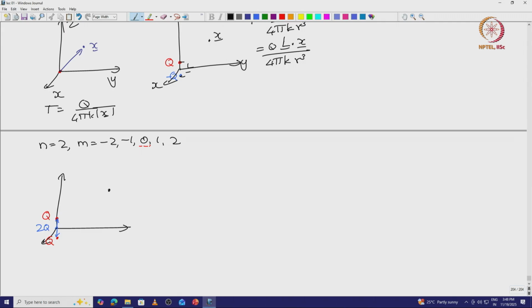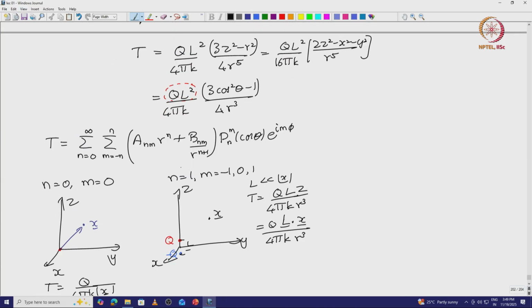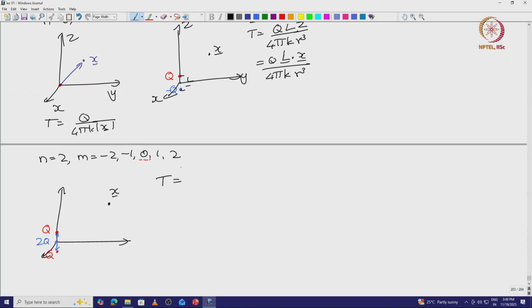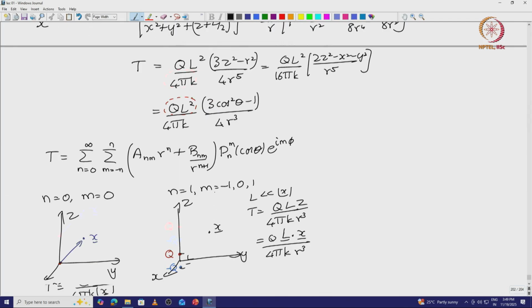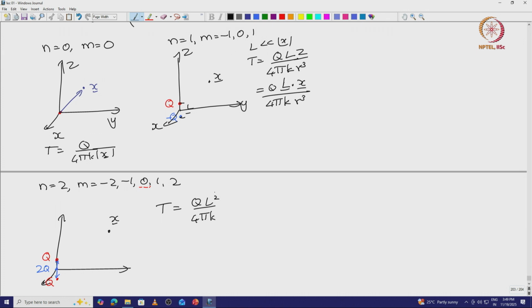If you look at an observation point x, we had got the solution for that. The temperature field is equal to q L square by 4 pi k into (3 z square minus r square) by 4 r power 5.